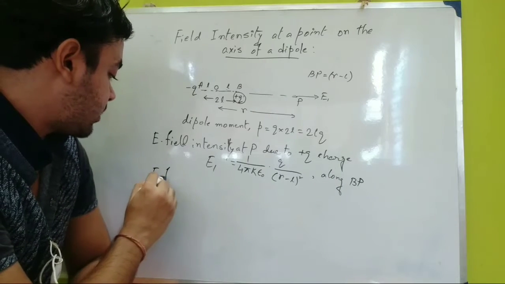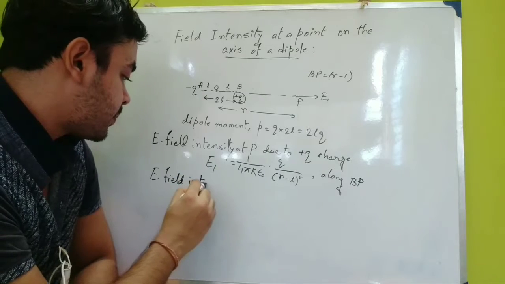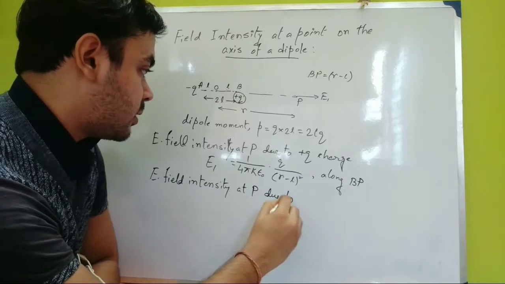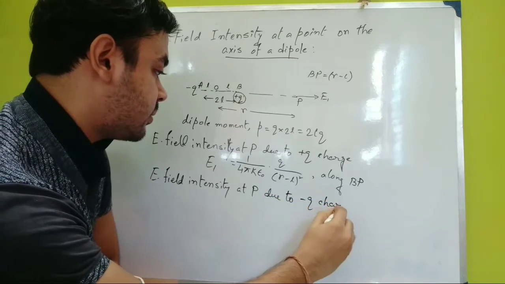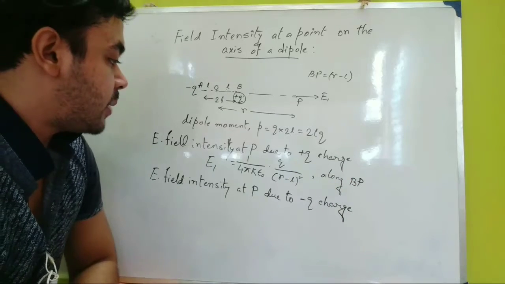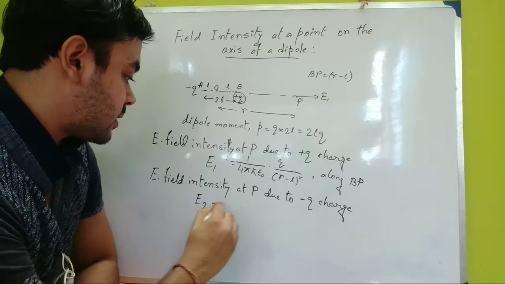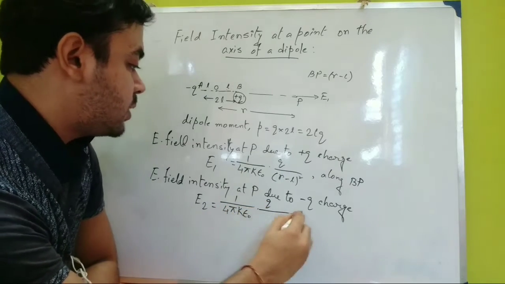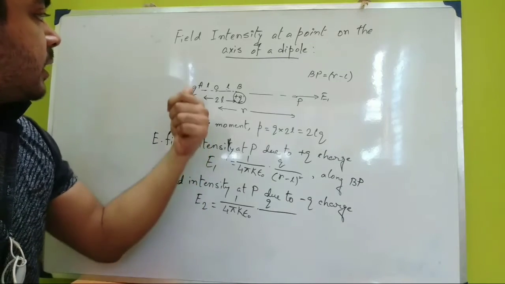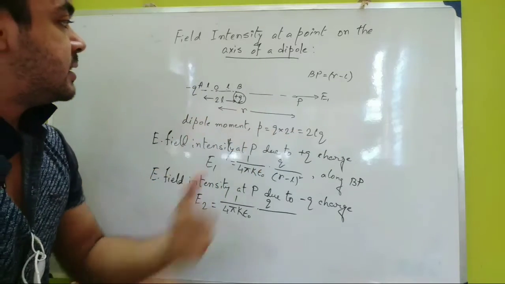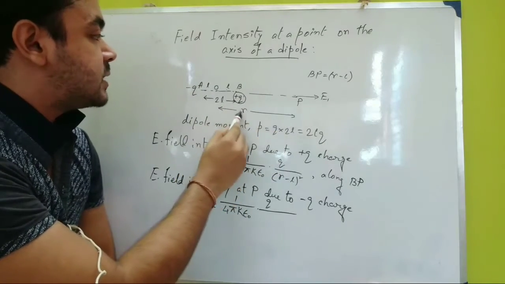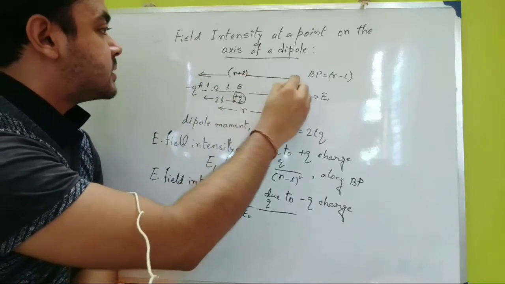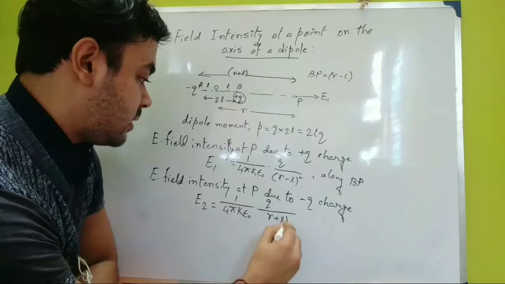Similarly, the electric field intensity at P due to minus Q charge is E2, which is equal to 1 by 4 pi k epsilon 0 into Q divided by the distance between A and P. This distance will be PO is R and OA is L, so this distance will be (R plus L) whole square.